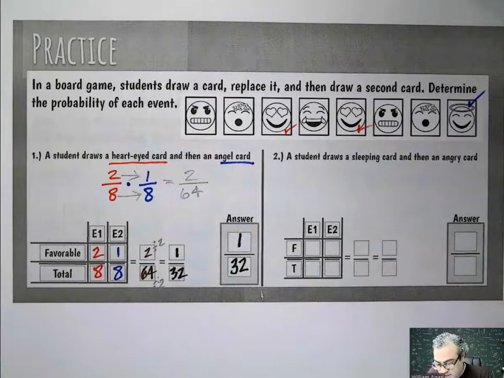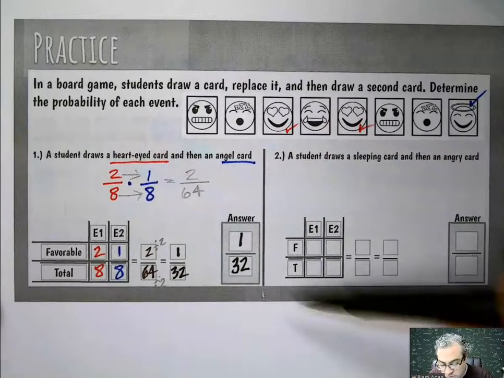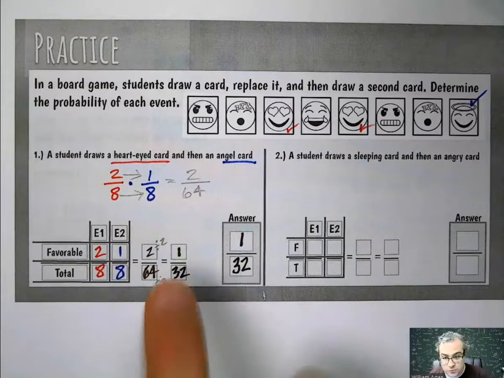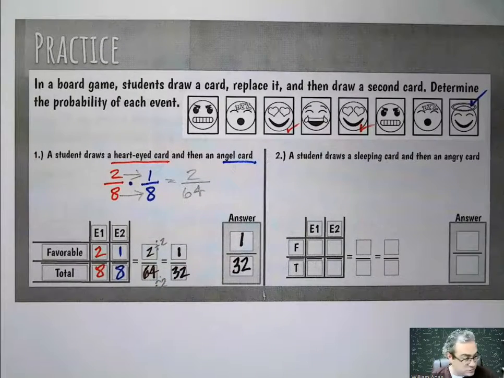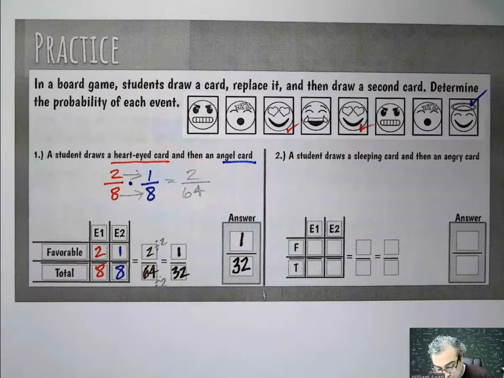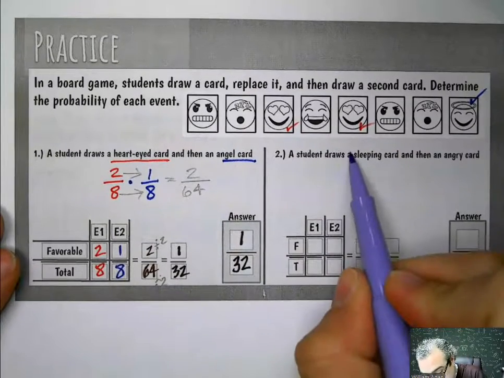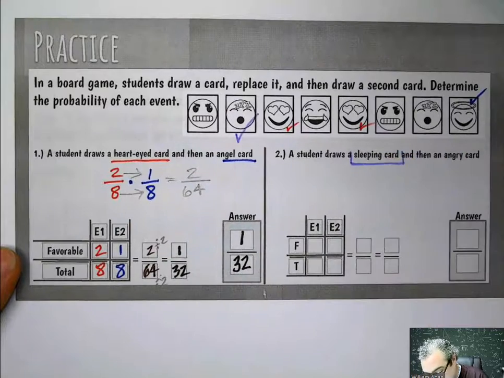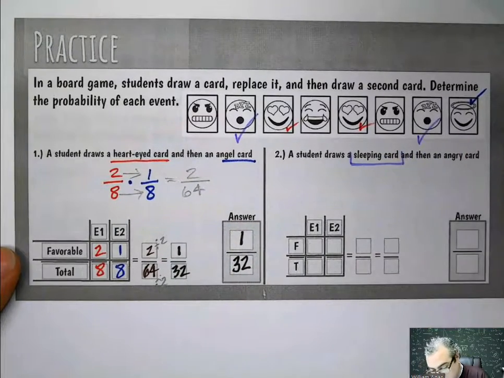Okay, on this next one, I'm not going to do this part up here. I'm only going to use the table. And there's something else that I need to show you that I didn't do in that one. So, on this one, it says a student draws a sleeping card and then an angry card. Okay, so a sleeping card. How many of those are there? This is one right here, and this is one right here.